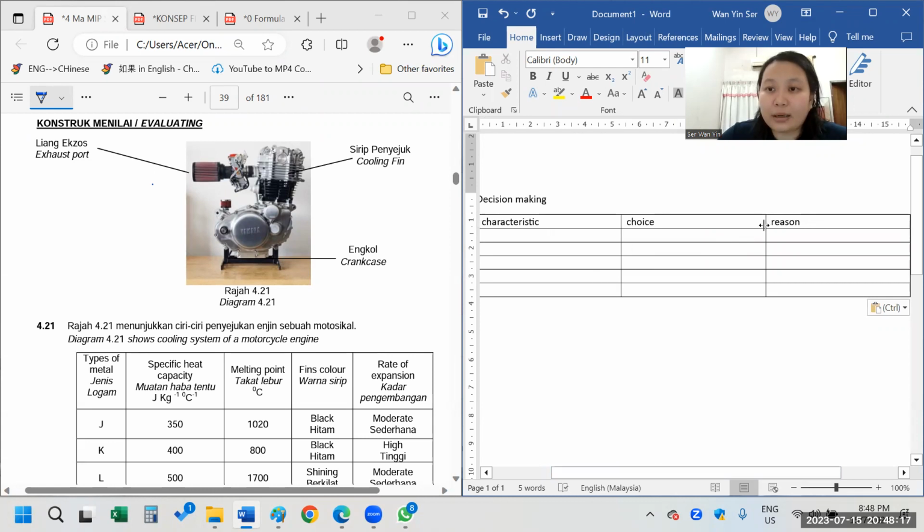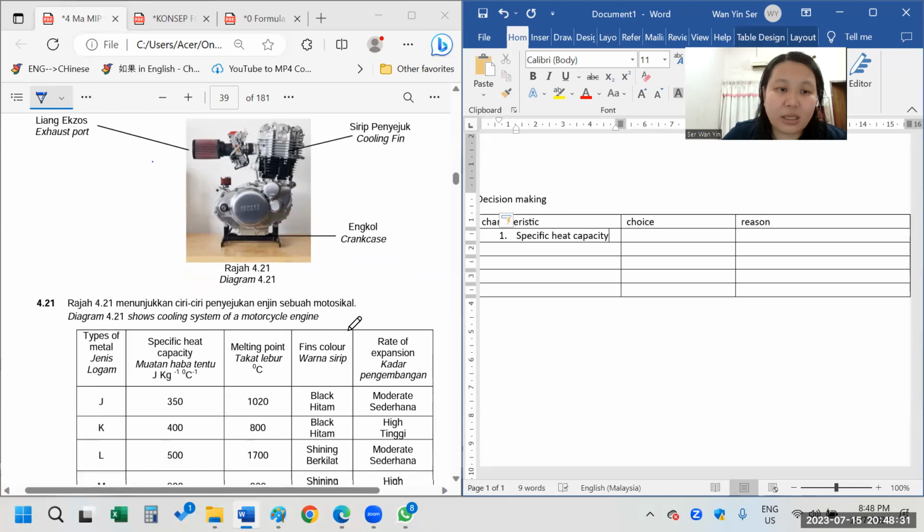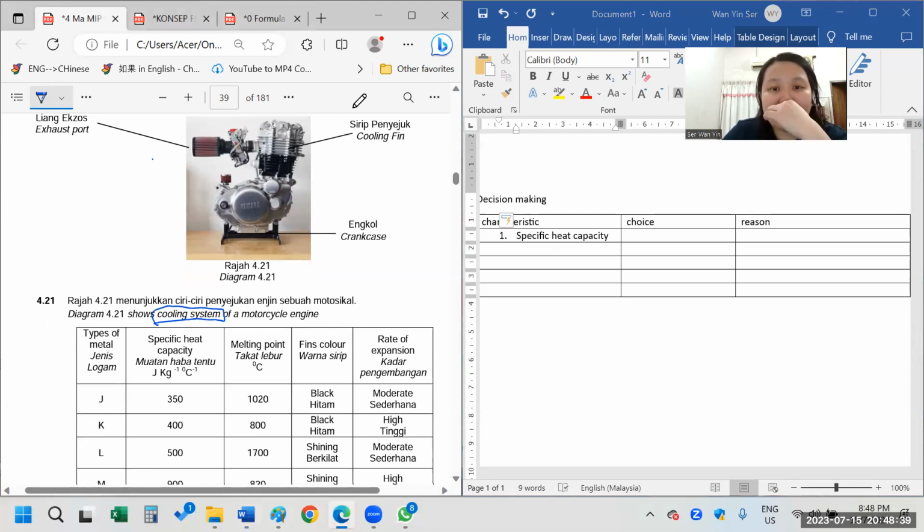Many people work that down. Okay, from number 1. What is the specific? Now you write a specific heat capacity. What is the specific heat capacity should be for the cooling system? Should be high or low.